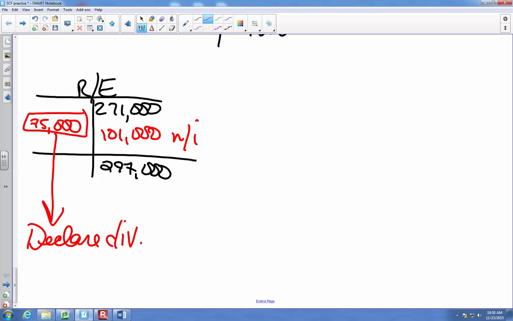And they gave that to us in number 3, but I wanted you to go through this process because I may or may not give it to you. Declare dividends. And the reason I made such a point about it not meaning paying them is because when you declare dividends, what's your journal entry?